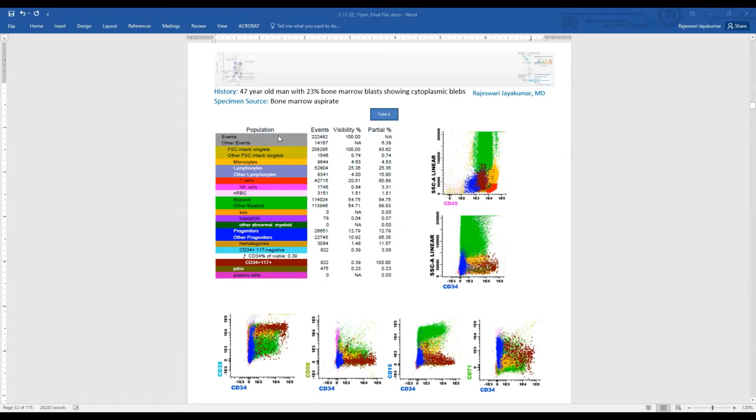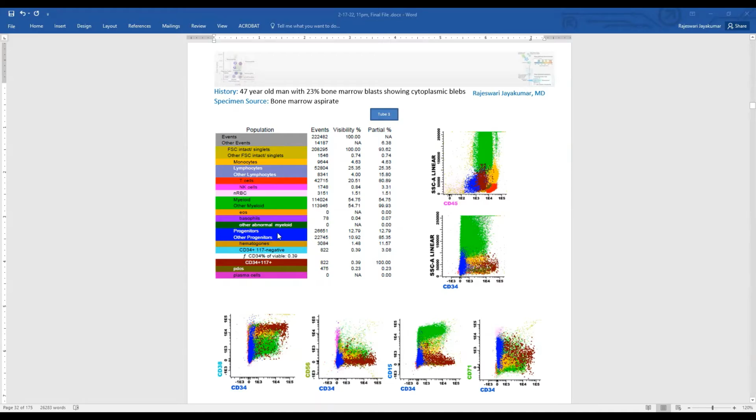So let's go to our table listing all the populations and their percentages to see what they have labeled these as. They listed the blue cells as progenitors, or blasts, because these cells are sitting in the blast gate. The maroon population is a subpopulation of the cells in the blast gate.